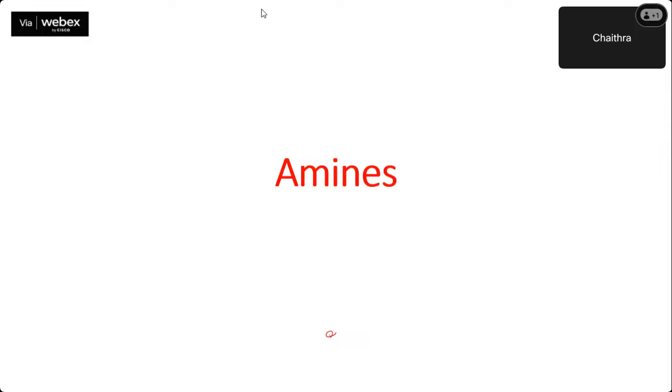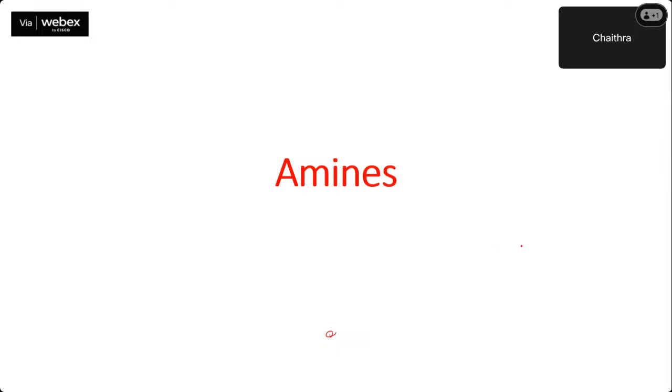Hello, students. Good evening. Today we will be learning about an important chapter in organic chemistry, that is amines. As soon as you hear the name amine, since in first year you would have learned about nomenclature, you know that there is a functional group which is called amine, right?